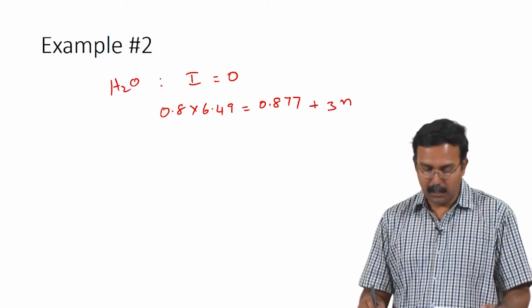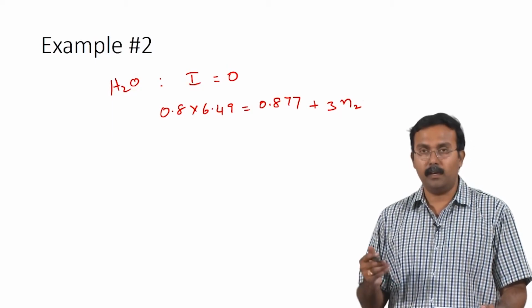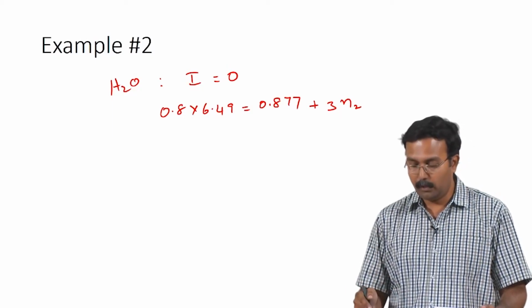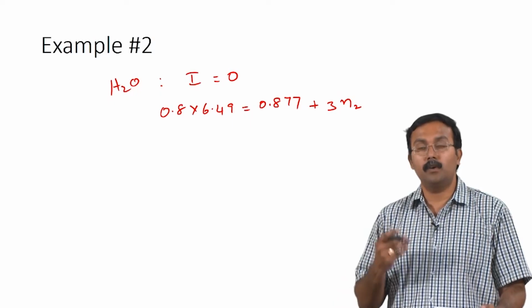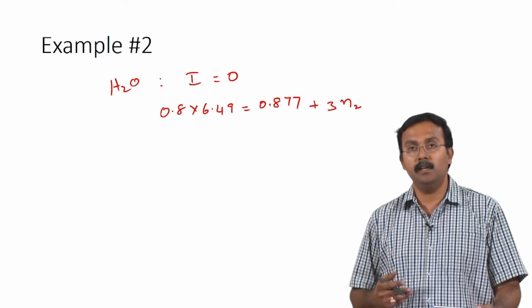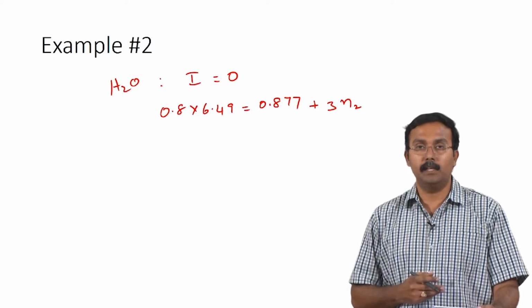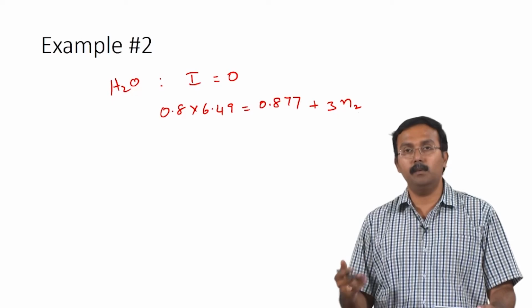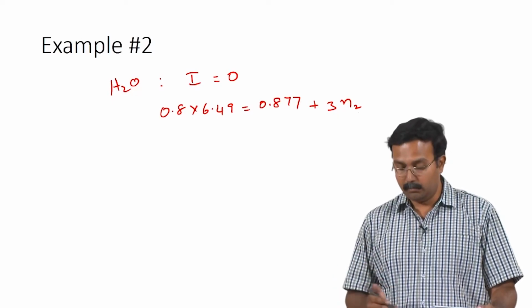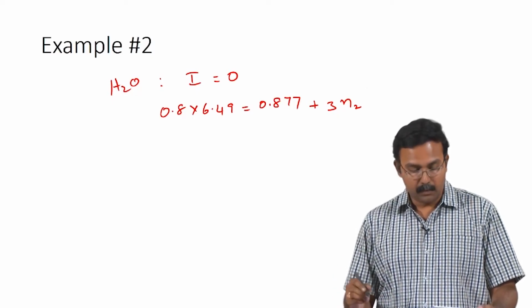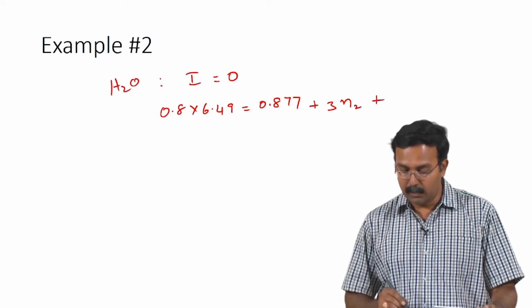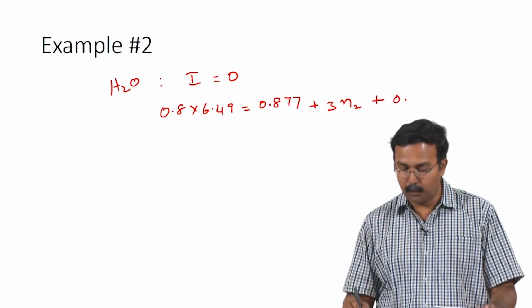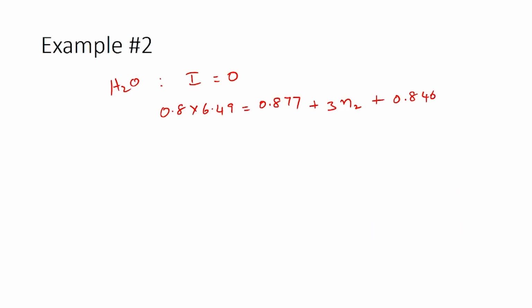3 times N2 moles of the crystals, because for every mole of the crystal which is leaving, 3 moles of water is accompanying it. So, that would mean 3 times N2 would be the number of moles of water leaving with N2 moles of the crystals which is leaving. For the water which is leaving along with the solution, we would have it as 0.846 times N3, where 0.846 is the mole fraction of water in the solution.